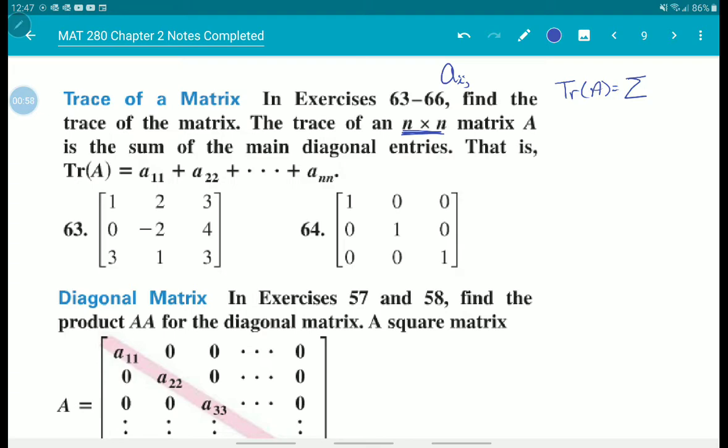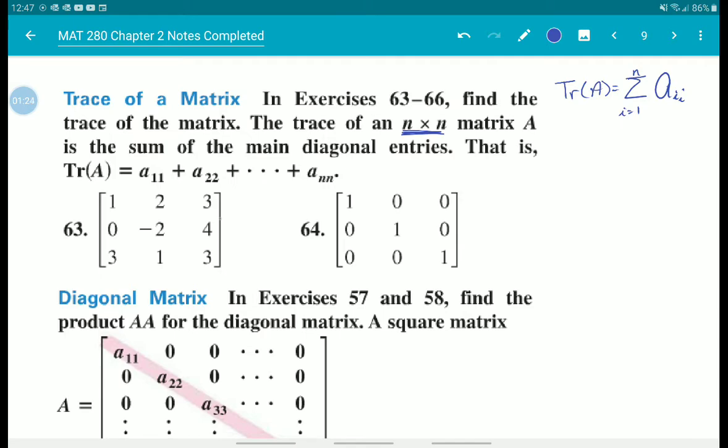But if I want the entries down that main diagonal, then we're talking about the a11 entry, the a22 entry, the a33 entry, and so on. So we could write this as a_ii, where i goes from 1 to n. So the trace is just the sum of all those numbers.